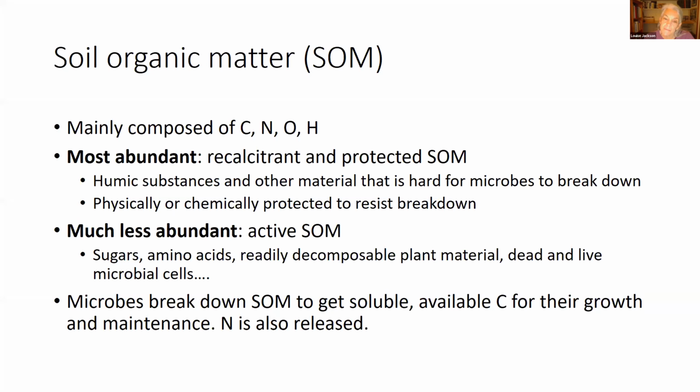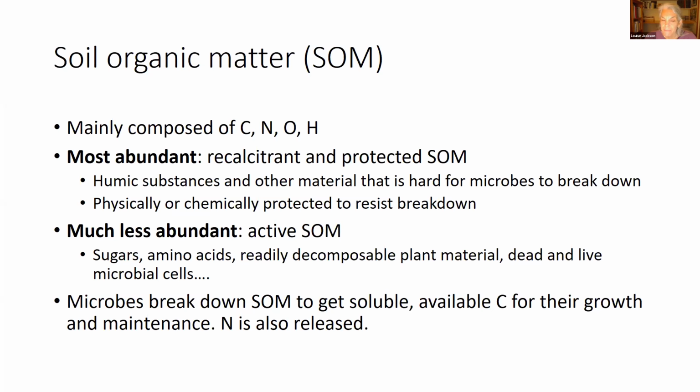Things like humic substances that are really hard for microbes to break down. In fact, most of the organic matter is in this state. And it's super important for agriculture in that it has a lot of importance for structure, for aeration, for infiltration of water, those clay organic matter complexes that were in the diagram.